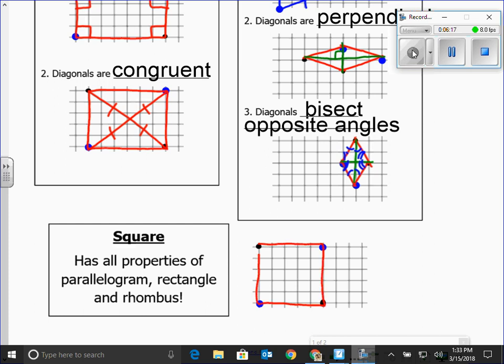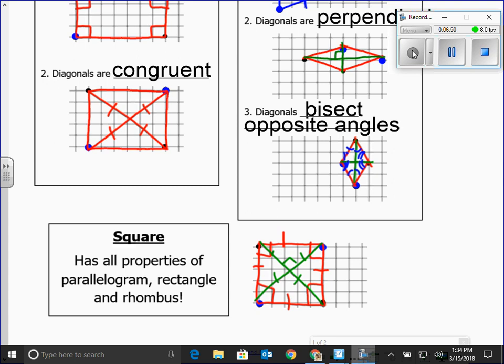And so therefore we know it has all four congruent sides like a rhombus, has four right angles like a rectangle. The diagonals are going to be congruent to each other, but they're also going to bisect each other and they are going to cut 90 degrees. They're equal, and it cuts the 90-degree angle into a 45-degree angle.